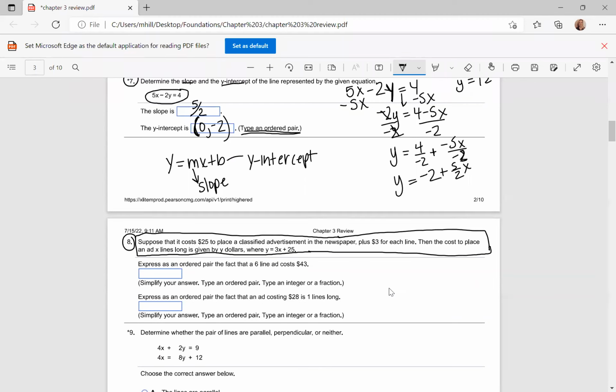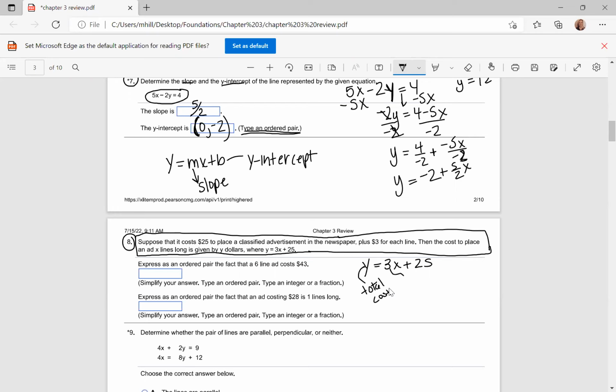Then the cost to place an ad X lines long is given by Y dollars. So that means X represents the lines and Y represents the dollars, where Y is equal to 3X plus 25. So Y here is the total cost.